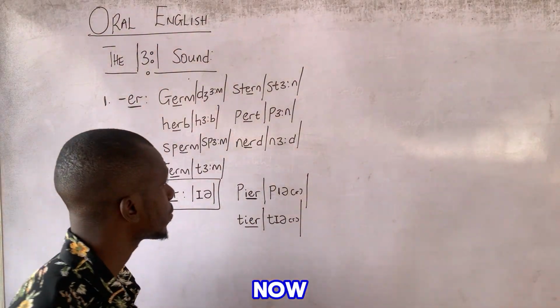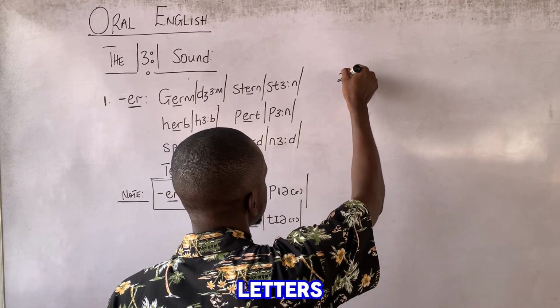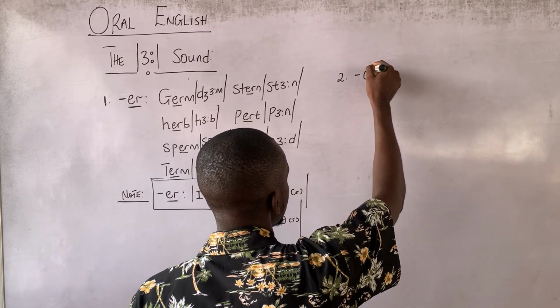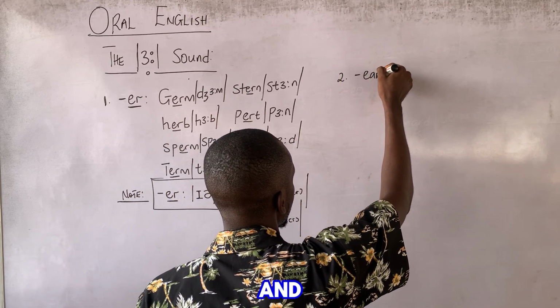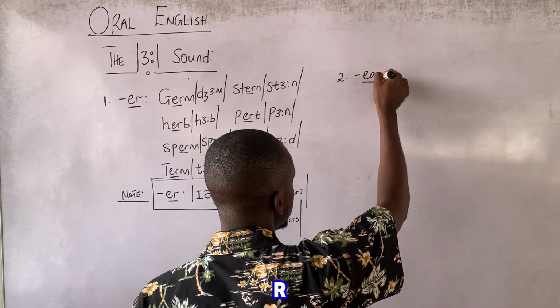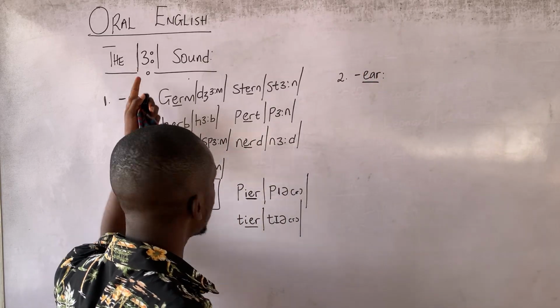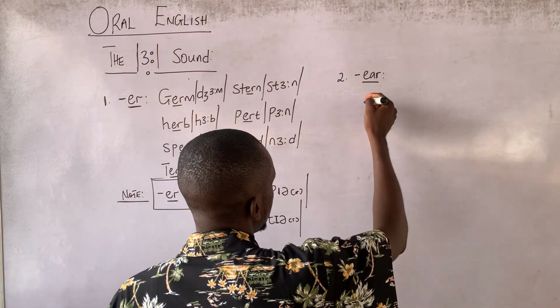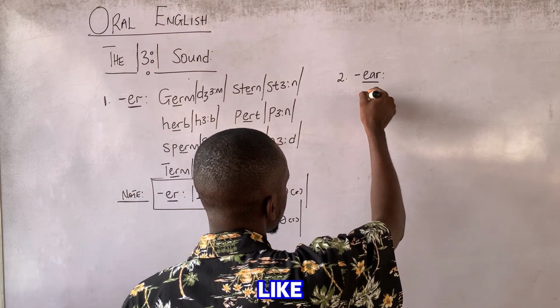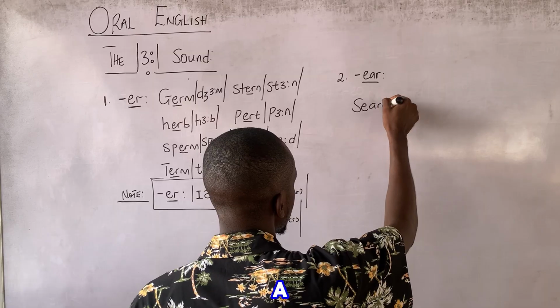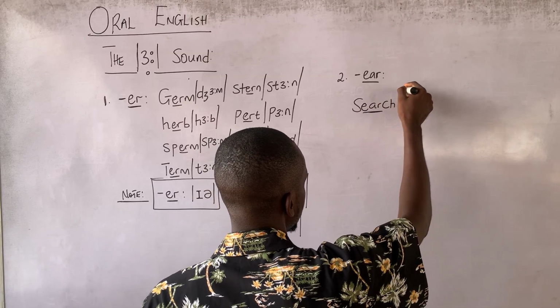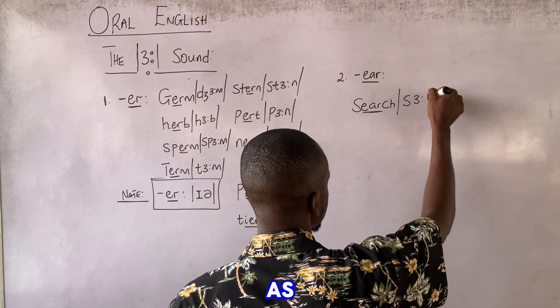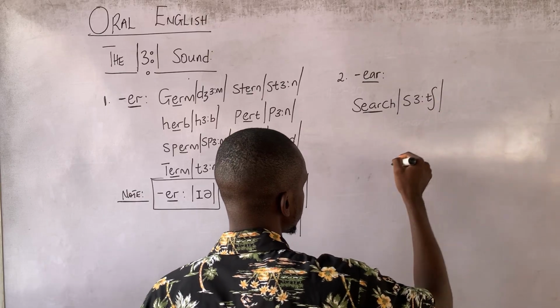Now, number 2, the letters EA and sometimes EAR produce the long air sound. Let's see examples. We find this in words like search, which is transcribed as search.